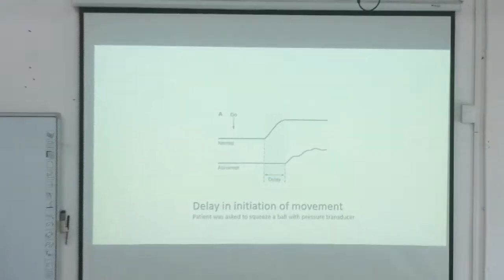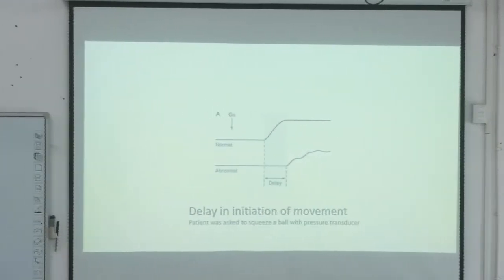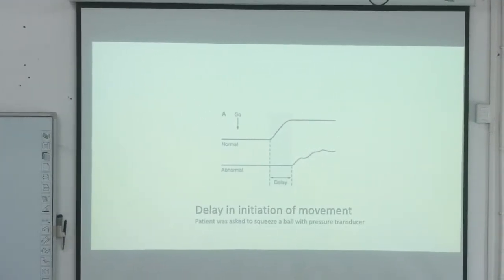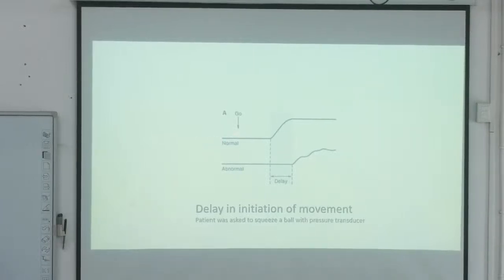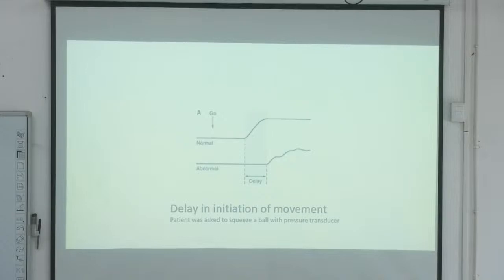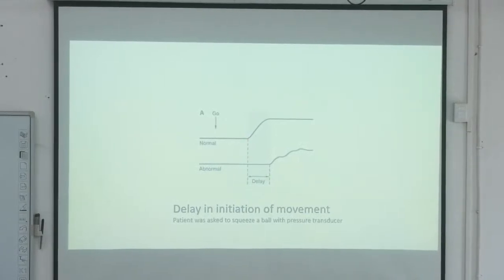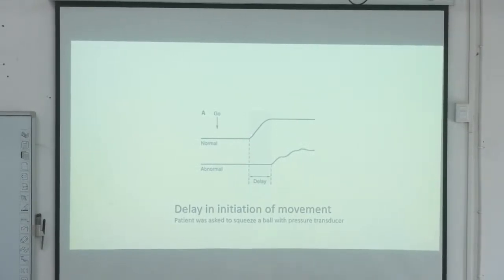If I represent it in a graphical pattern, you can see the graph above is normal. From this point, the patient is initiating some movement, and you can see the smoothness in the normal healthy individual. In a patient of cerebellar disorder, the movement is abnormal: first of all, there is delay in initiation of movement.